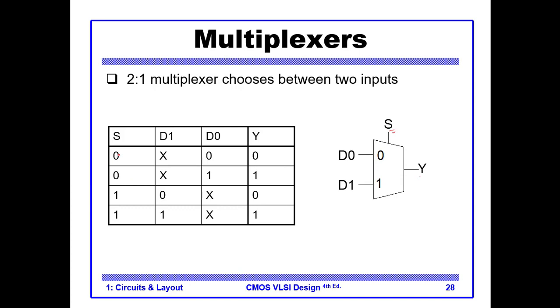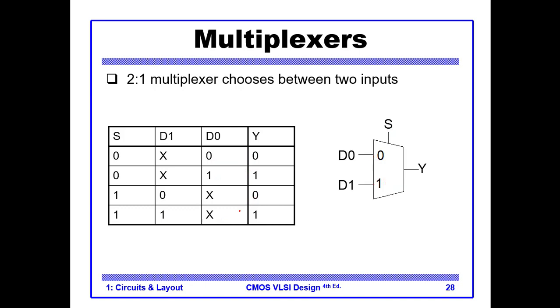When the select line is 0, D0 is connected to Y, so whatever is on D0 appears on Y, and the other one does not matter, it is X. When S is 1, D1 is connected to Y, and D0 does not matter. So this is called a 2x1 multiplexer.